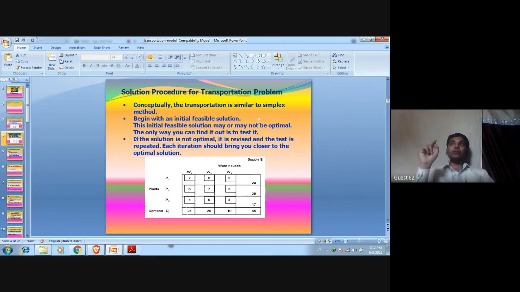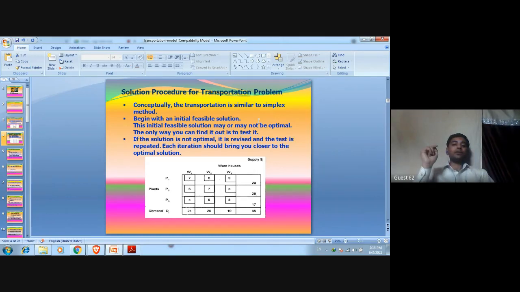And this solution either could be optimal or not optimal. How will it be tested? After applying some test, like the stepping stone method or modification method, we can test whether our solution is optimal or not. Okay, so when we find the initial basic feasible solution, it is not necessary that it is optimal. It could be or not, both.